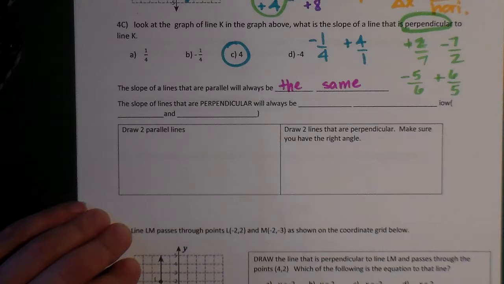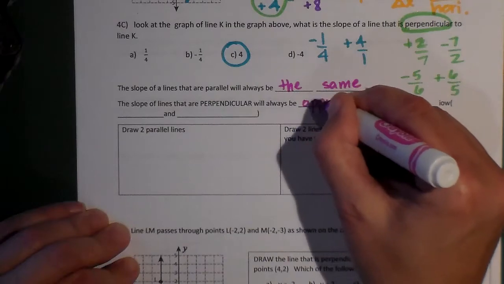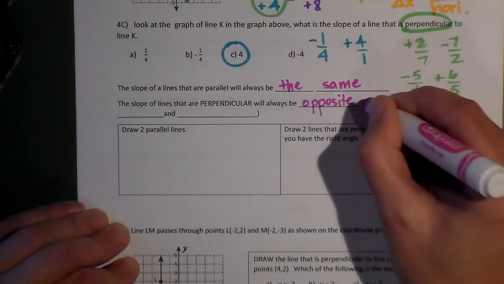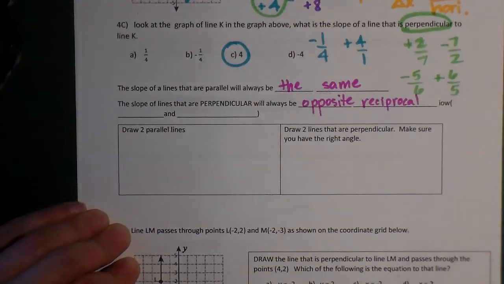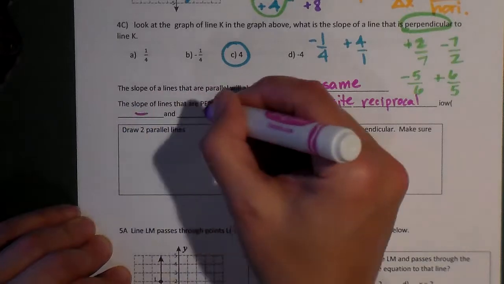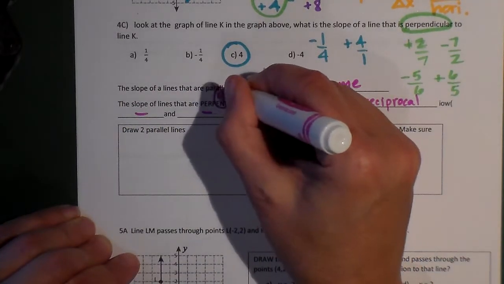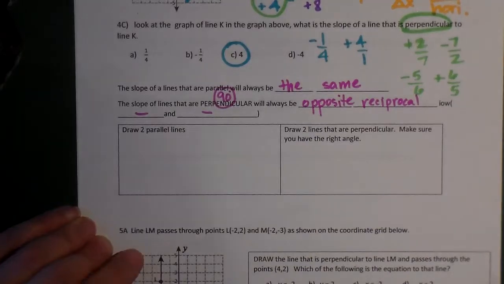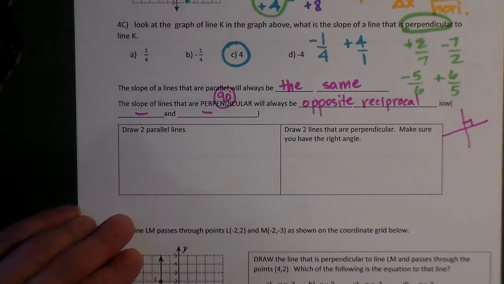The slope of lines that are perpendicular will always be opposite reciprocals. Now don't worry about this in here. Now perpendicular, if you guys don't remember, also means that they intersect at a 90-degree angle. Okay? When we look at perpendicular lines, they look like this. They make a right angle.